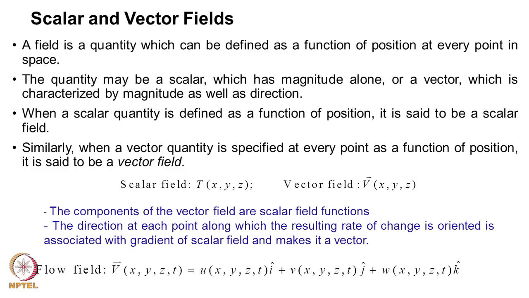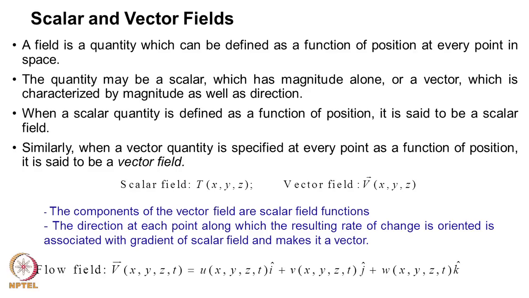Just like the velocity vector v, if you take a component in x, y, z, then we get the corresponding component of velocity in that direction. Though it is defined as a scalar field, it keeps on changing. Even if you take only the velocity component, as it keeps on changing in the x direction, for example, the direction along which the change happens results in a vector.